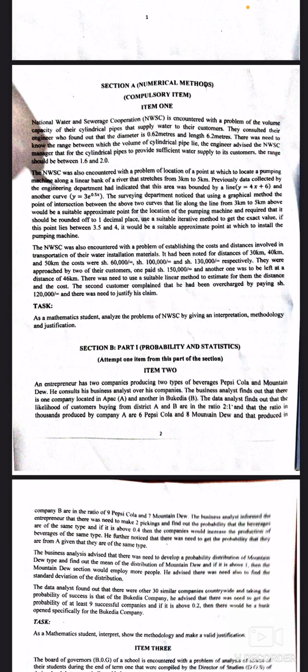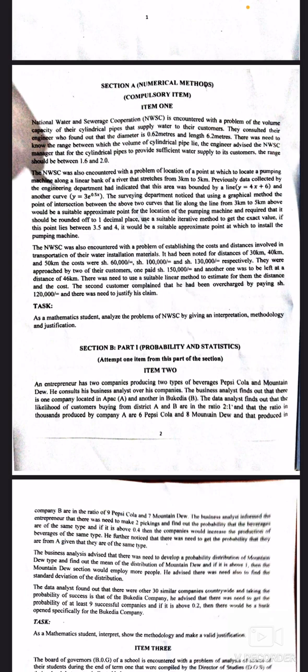The NWSC was also encountered with a problem of location of a point at which to locate a pumping machine along a linear bank of a river that stretches from 3 kilometers to 5 kilometers. Previously, data collected by the engineering department had indicated that this area was bounded by a line y = 4x + 6 and another curve y = 3e^(0.5x).